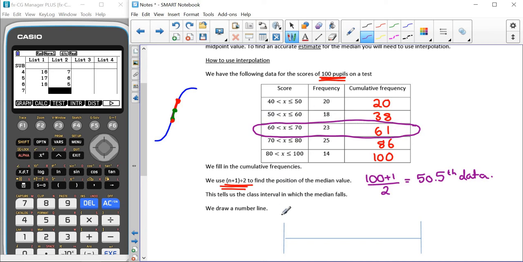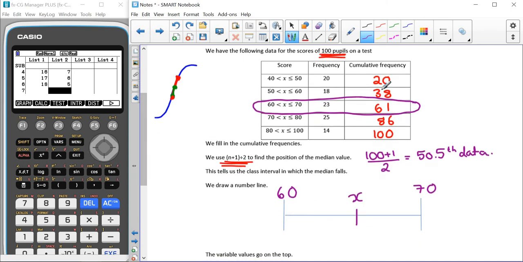So this interval starts at 60 and ends at 70, and somewhere in there is my median, which I don't know the value of. For the number of pieces of data, we're starting at 38, we're ending at 61, and I'm looking for the 50.5th piece of data.